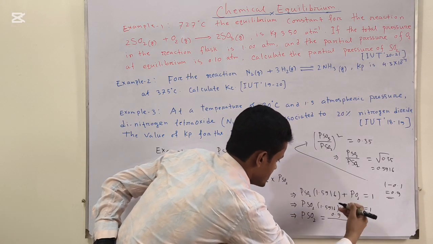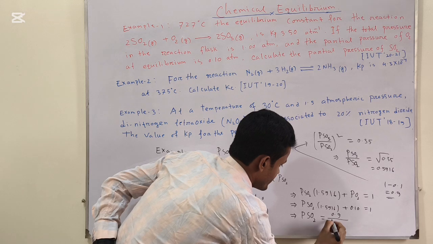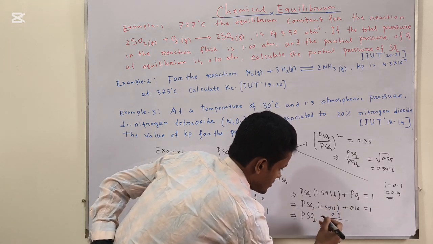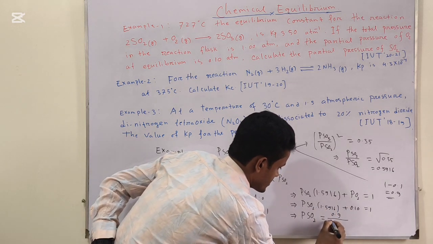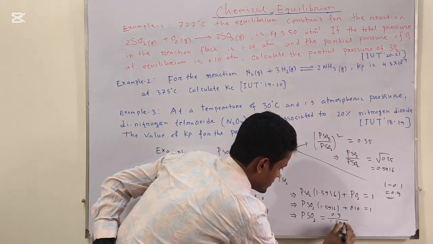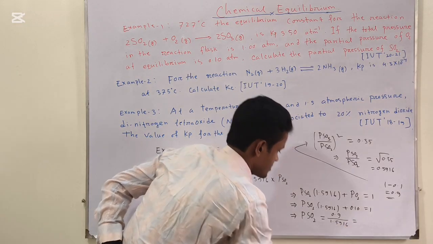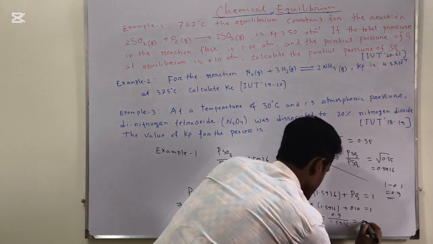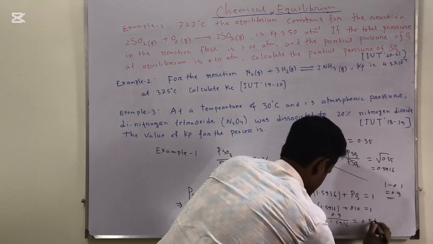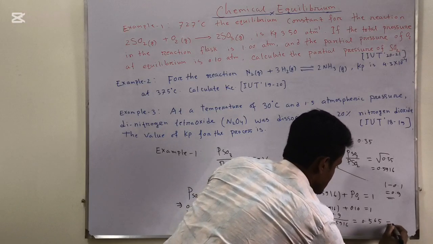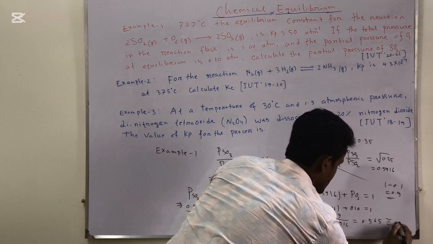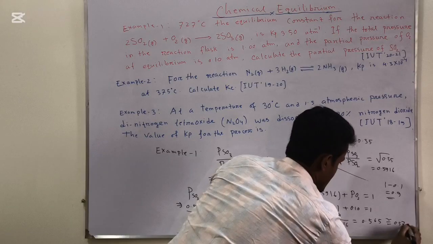Then you divide 0.9 by 1.5916. The value is 0.565, about 0.57 atmosphere.